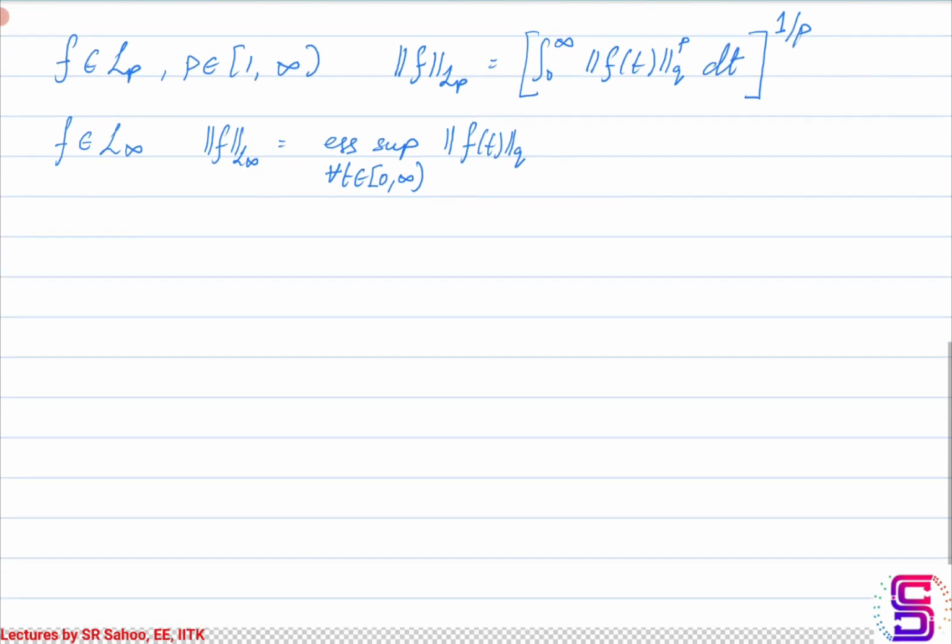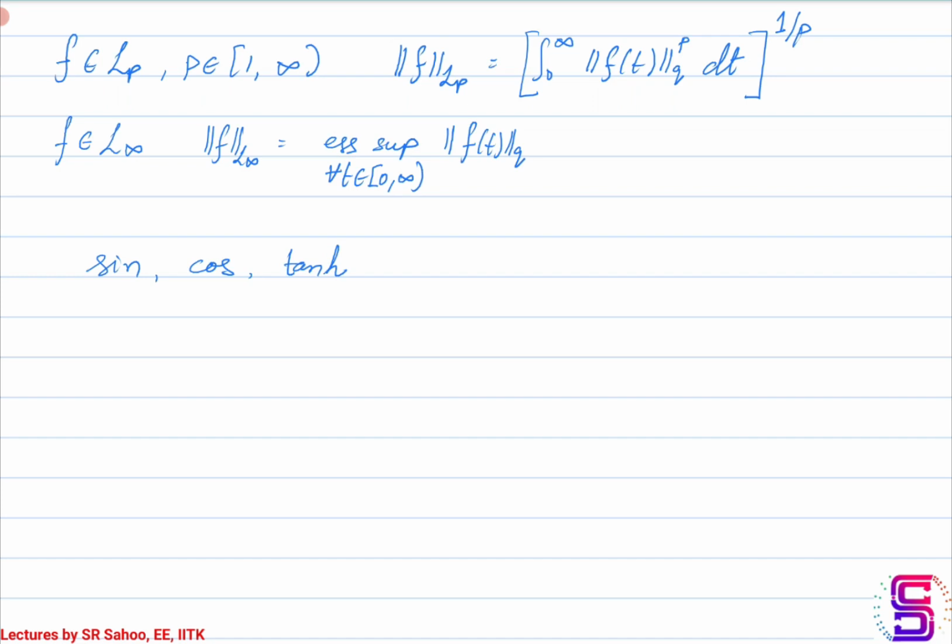Now from these examples, what we saw is that the sine function, the cos function, tan hyperbolic functions, and the tan inverse function over the interval 0 to infinity do not belong to the LP space, where p is not infinity but a finite number.